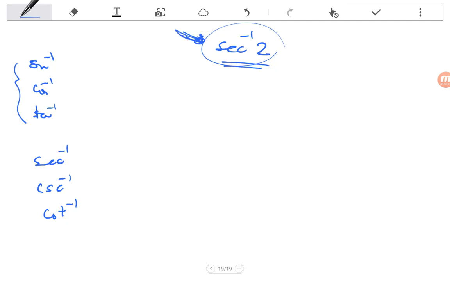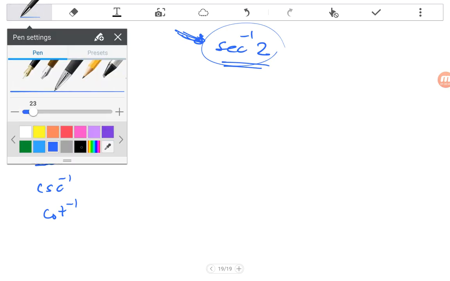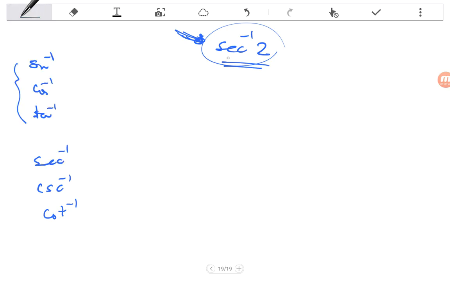So if I needed in any application to find the value of sec inverse 2, how would I find that value? Now remember, any suggestions what would be that value? Would it be 1 over cosine inverse 2, for example?